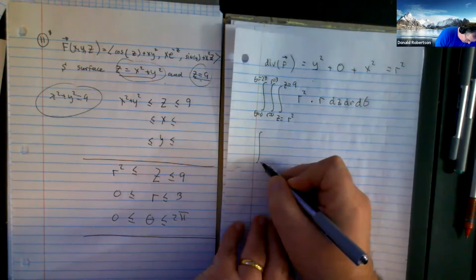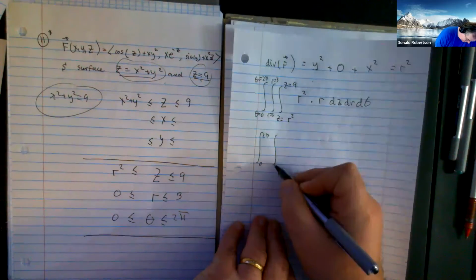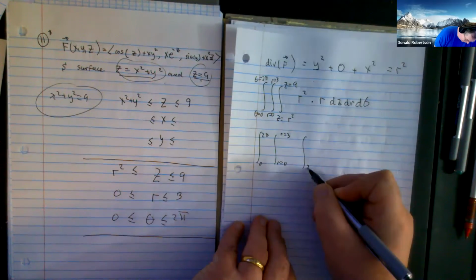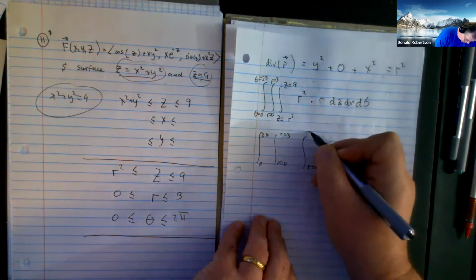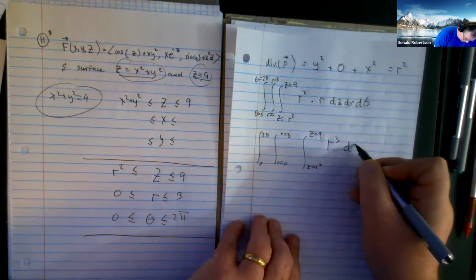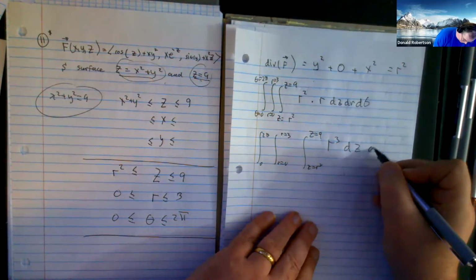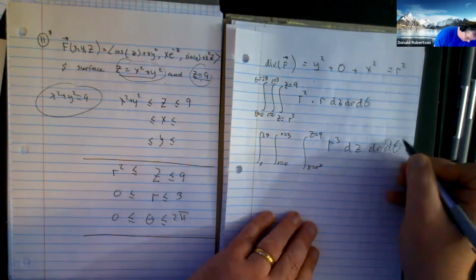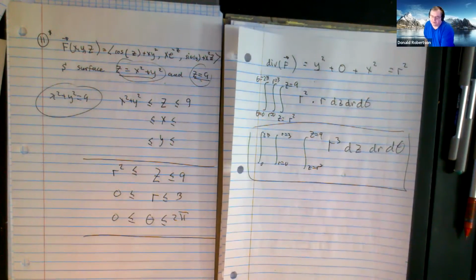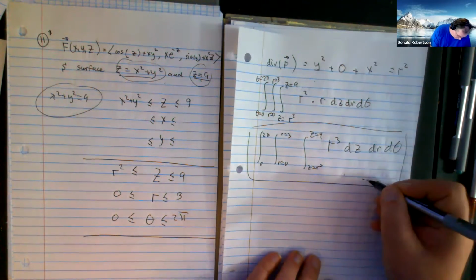And if I planned ahead, I would have realized that I could have saved a little bit of work by just doing r cubed. But you can do that, the integral's not that difficult, right? So we'll do a dot, dot, dot on that one.